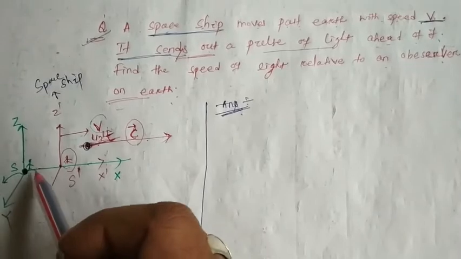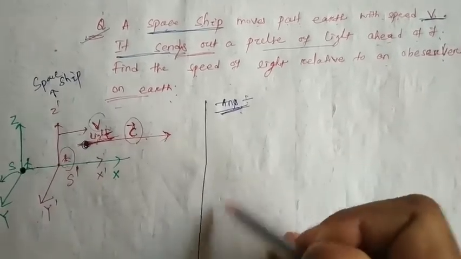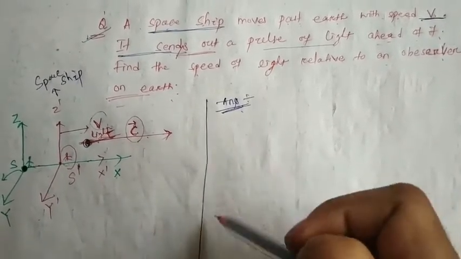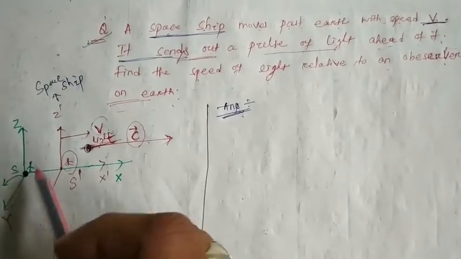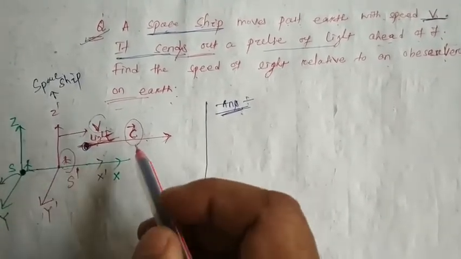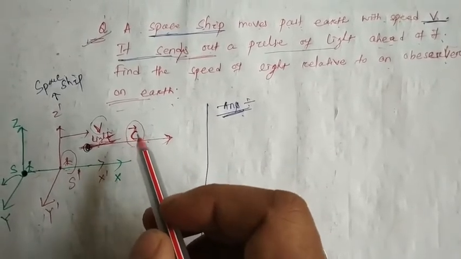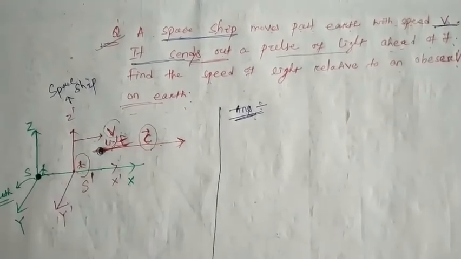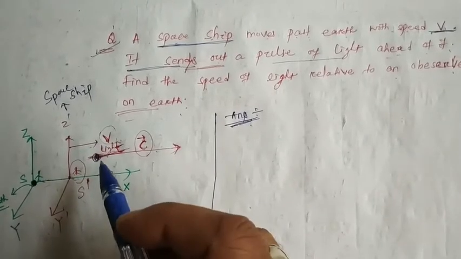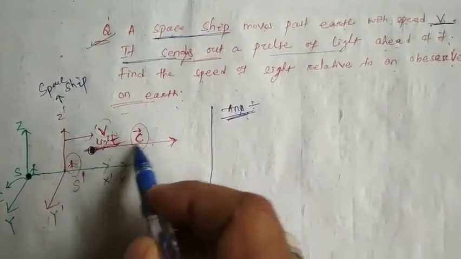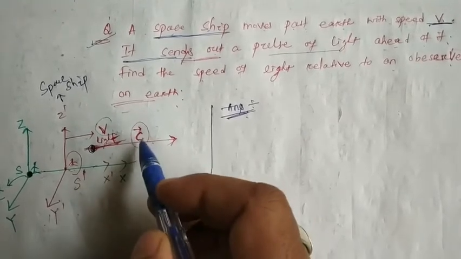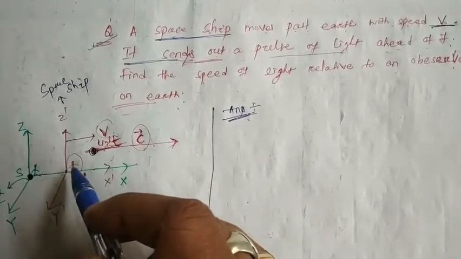So here we will find, at last, that this person also is going to measure the speed of the light as c. That means the velocity of the light pulse, or the light particle, is c, as measured by the S dash frame.